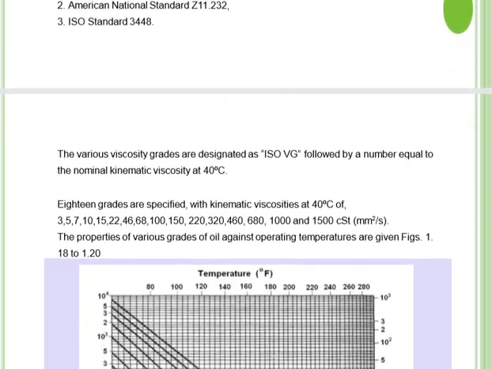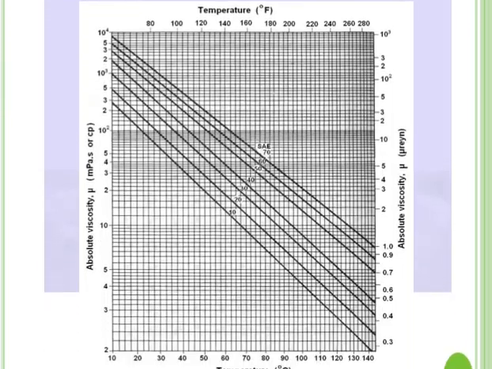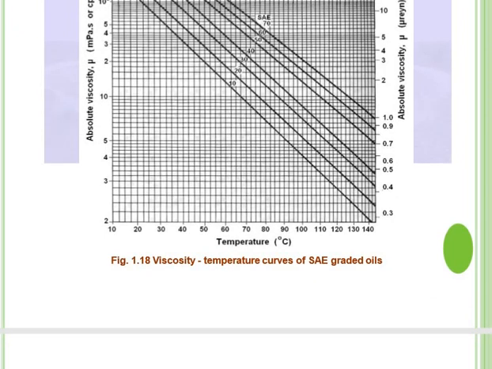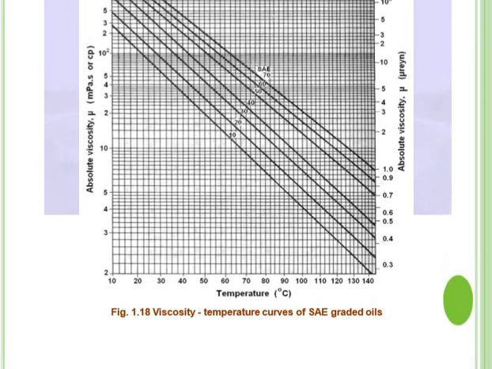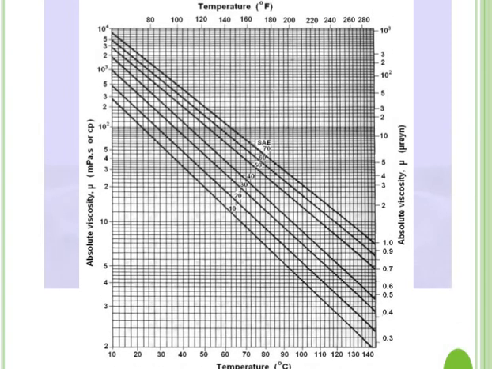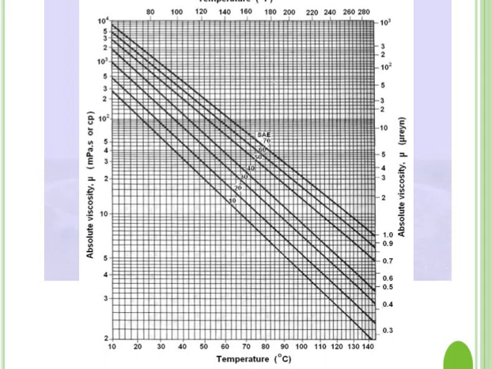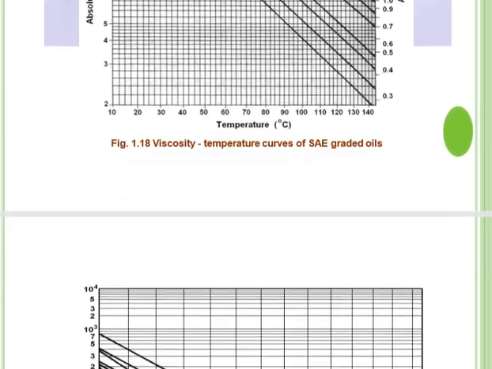These are the different specifications, and I am going to show the temperature curves and grades, absolute viscosity versus temperature for grades of oils. You see this figure, how viscosity varies versus temperature. See that up to 140 we can measure it. After that we cannot control the lubrication effect.